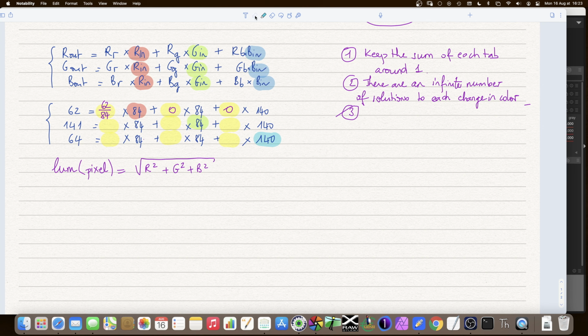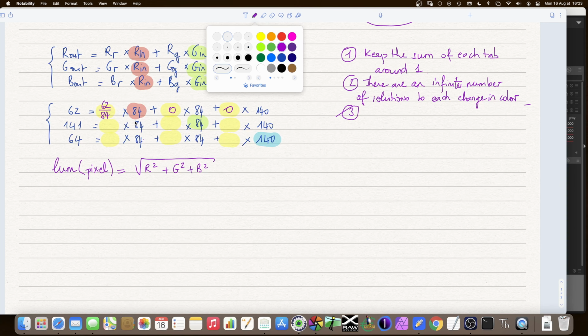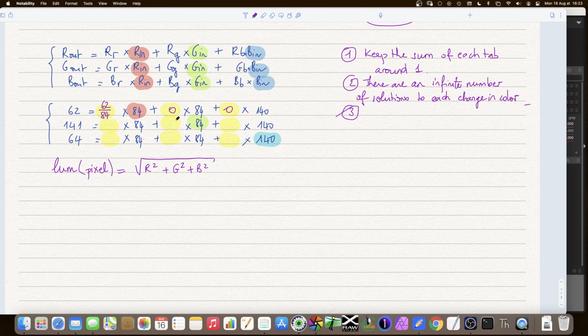For the greens, if I want 141, starting with a green of 84, I'll do 141 over 84 and 0 out the 2 others. I could actually put this number here and the output would be exactly the same, but I'd have to put 141 over 140 if I did it here, and then the answer would be 141, 0 here and 0 there.